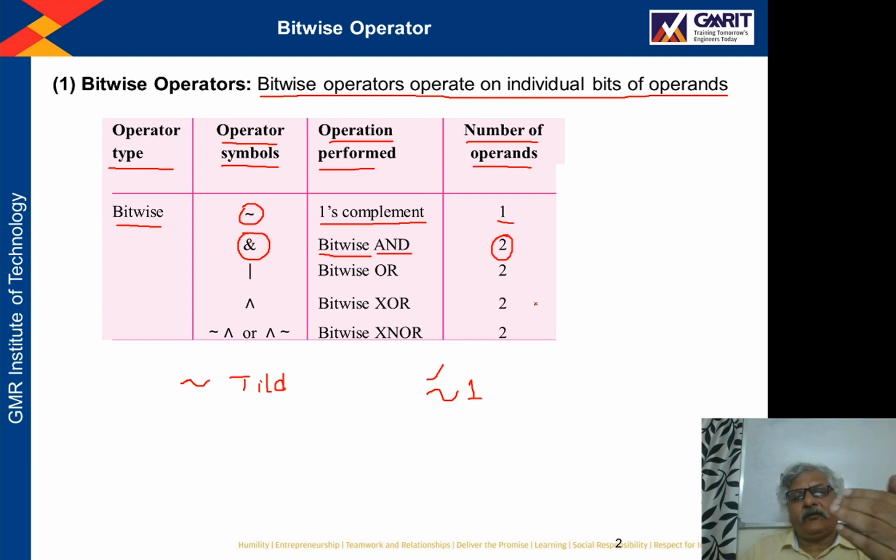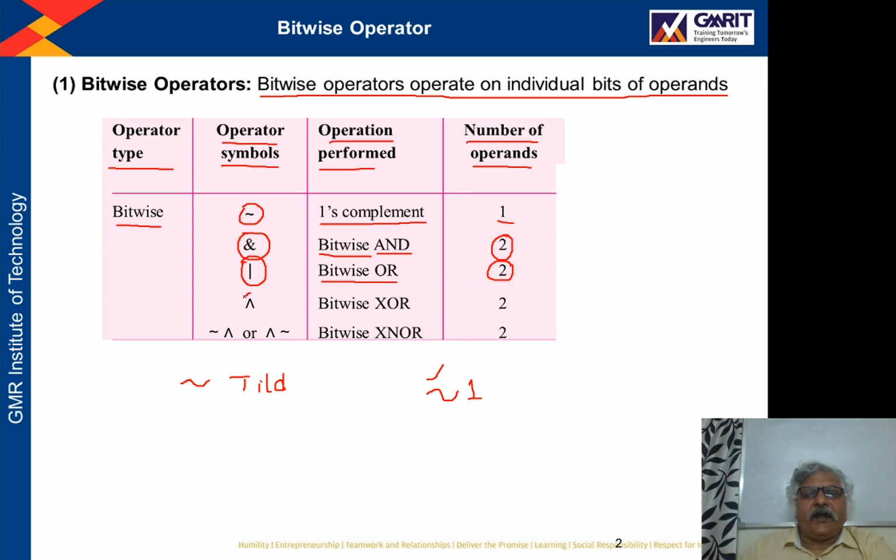Over those bits only you can perform the AND operation. The third symbol is the vertical bar, which performs the bitwise OR operation, and this also needs 2 operands.